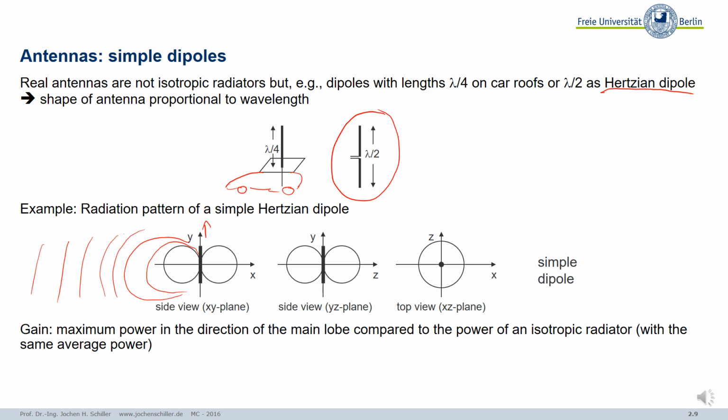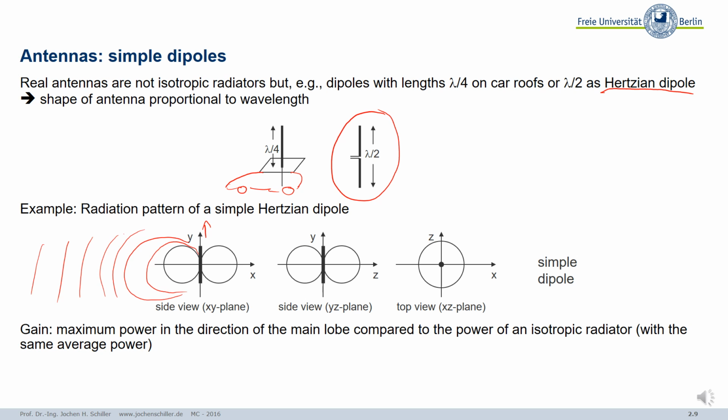And then basically the gain is the maximum power in the direction of the main lobe. And you try to have, for example, your main lobe towards the street where people are, or in a tunnel, for example, for the subway, not into the wall of the tunnel, but towards the subway, or where the subway could be. So this is why you need those directed antennas.